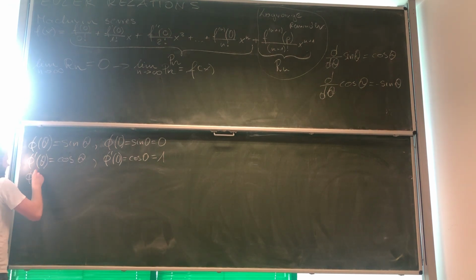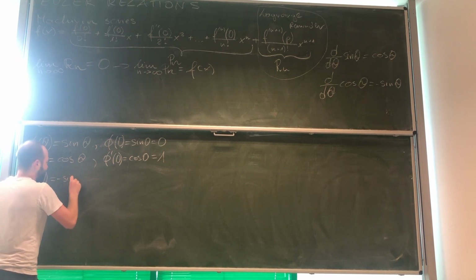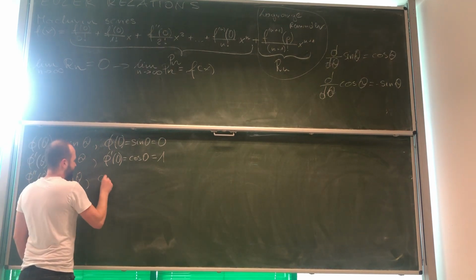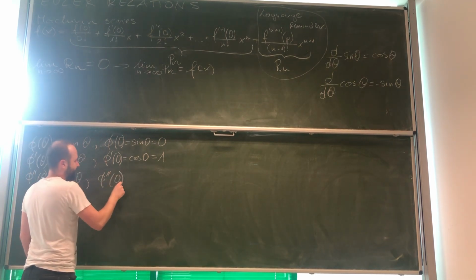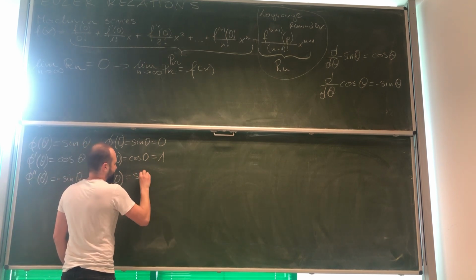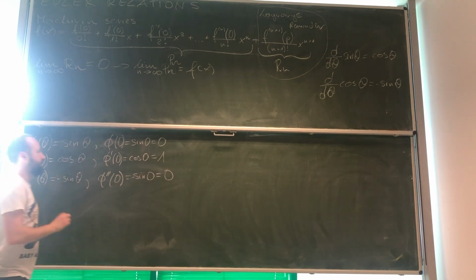Then, if I differentiate it again, I get the second derivative, which is equal to negative sine theta, and this implies that phi double prime of 0 is equal to negative sine of 0, which is again 0.